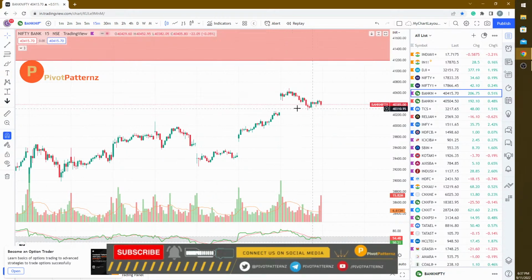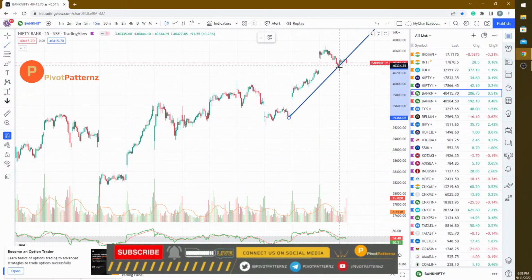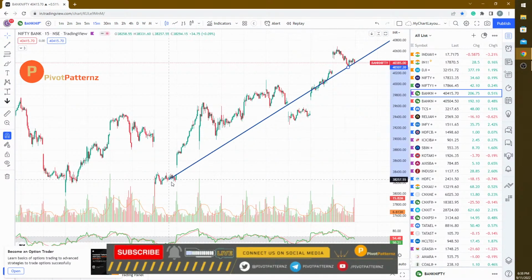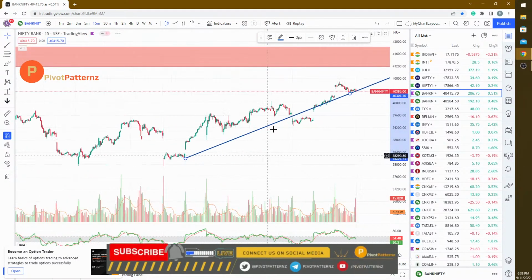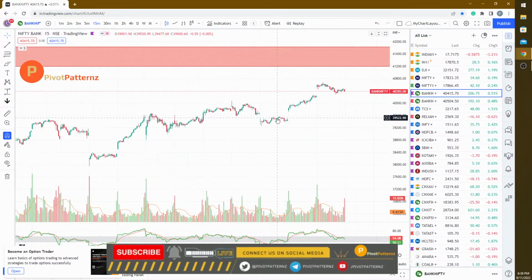We already see this, but what I can see is, if you happen to draw a trend line, this is clearly a trend line, but it is very subjective, so it's no point trading that trend line.